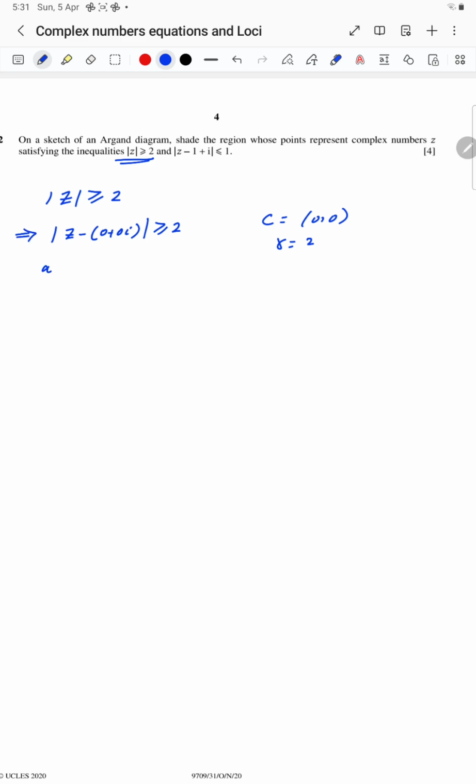Also you are given the second inequality, |z - 1 + i| less than or equal to 1. This also represents a circle with center (1, -1) and radius less than or equal to 1.